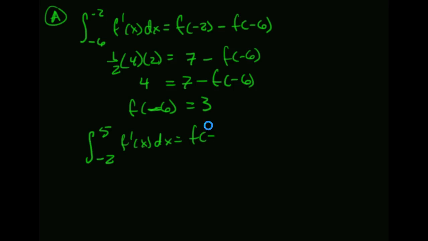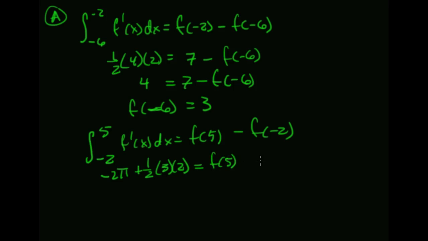f of 5 minus f of -2. So this is a semicircle. The radius is 2, so that's going to give me 4 pi divided by 2 is 2 pi, so that's -2 pi plus a triangle, which is 1/2 base times height.